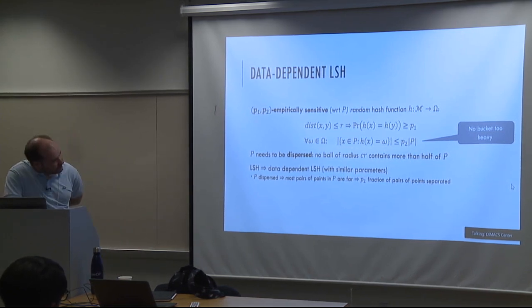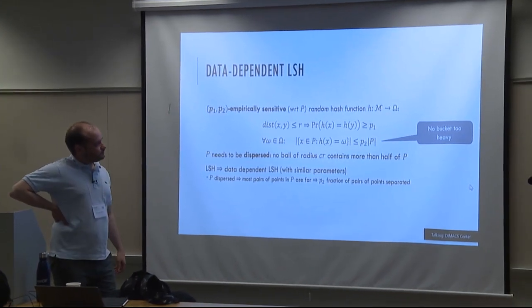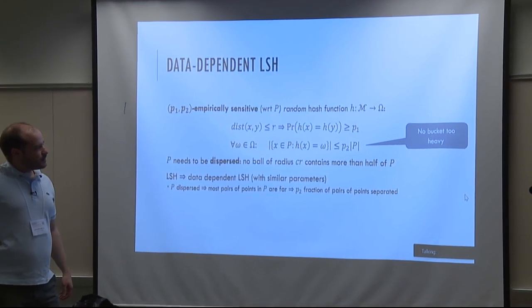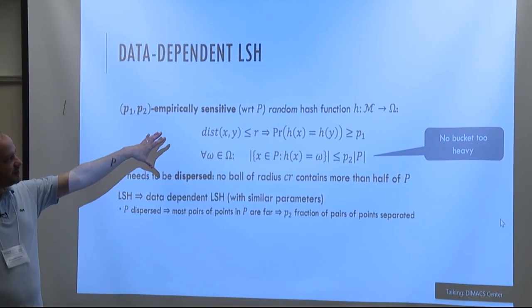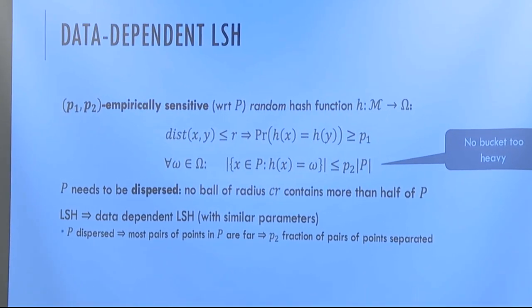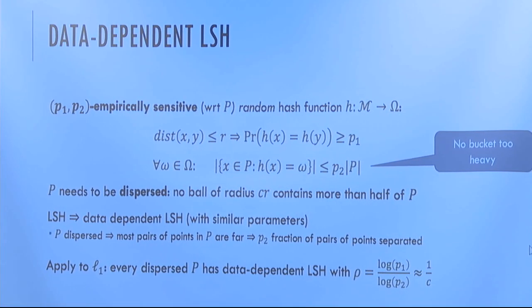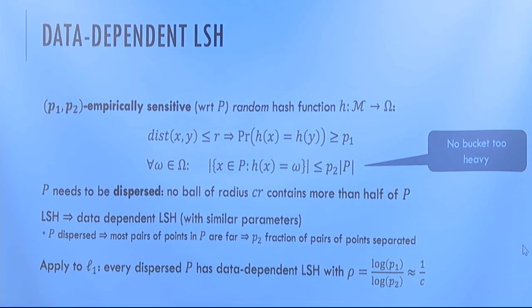The reason that's helpful is that I can preserve these guarantees under average distortion embeddings. Sorry, let me back up for a second.